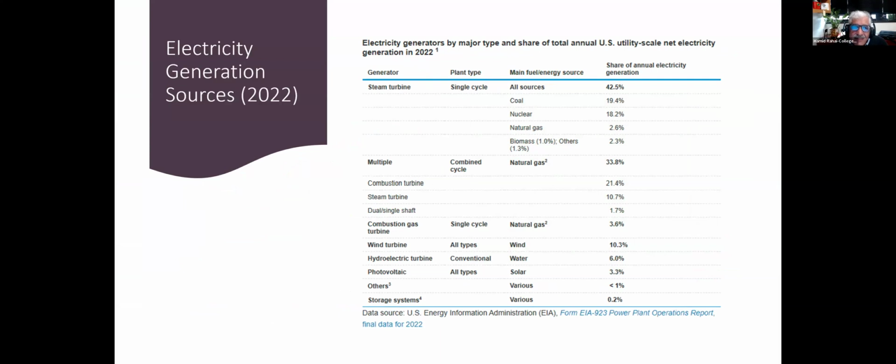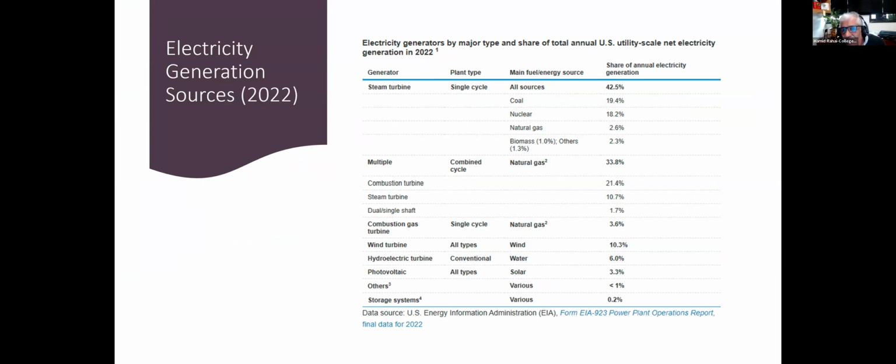Some more information on electricity generation by major type and share of the total annual US utility-scale net electricity generation, for 2022. Steam turbine, single cycle, all sources amounts to 42.5%.